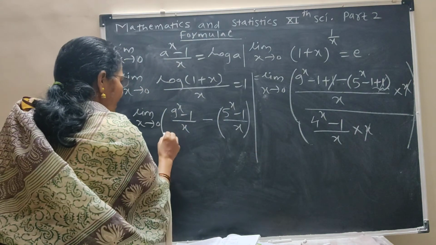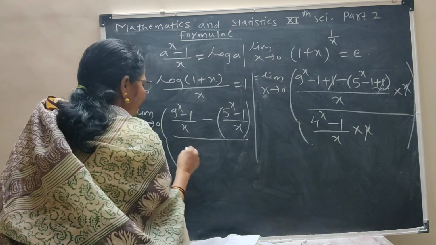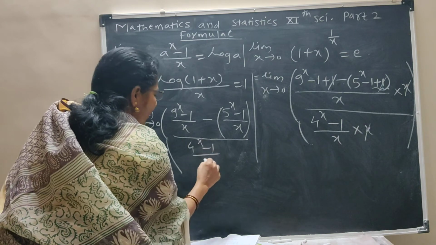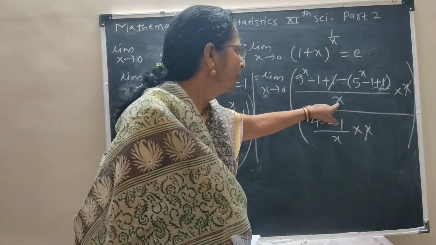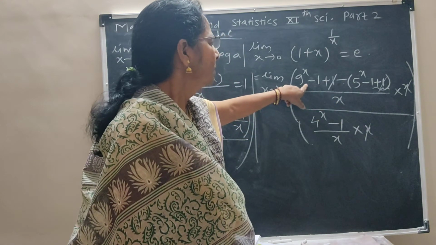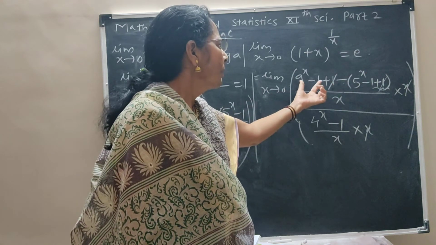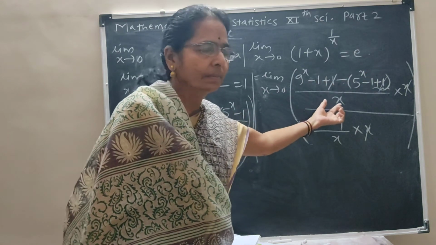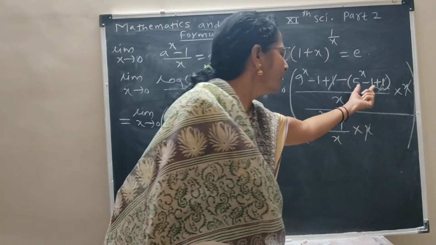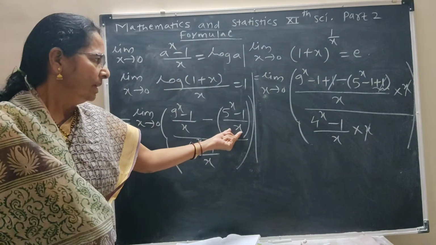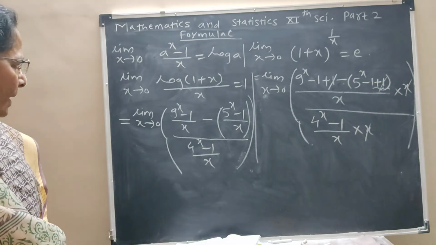And the denominator is 4 raised to x minus 1 upon x.